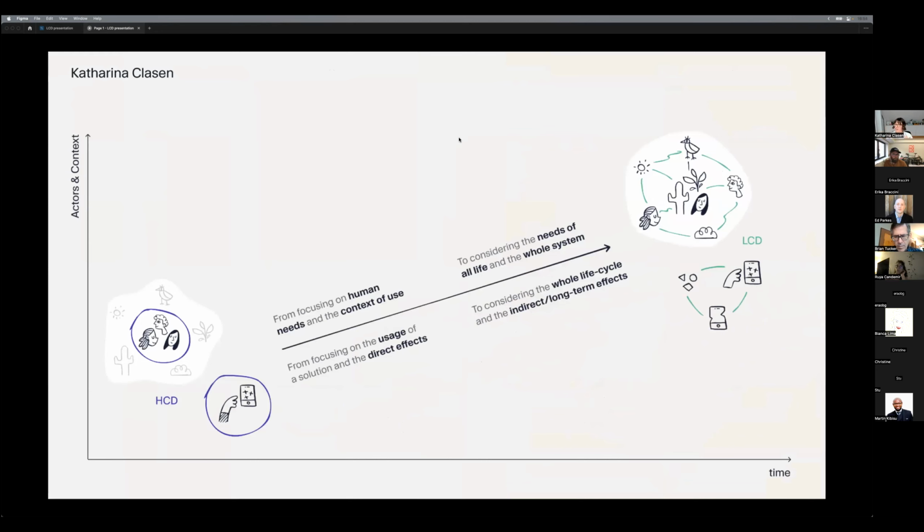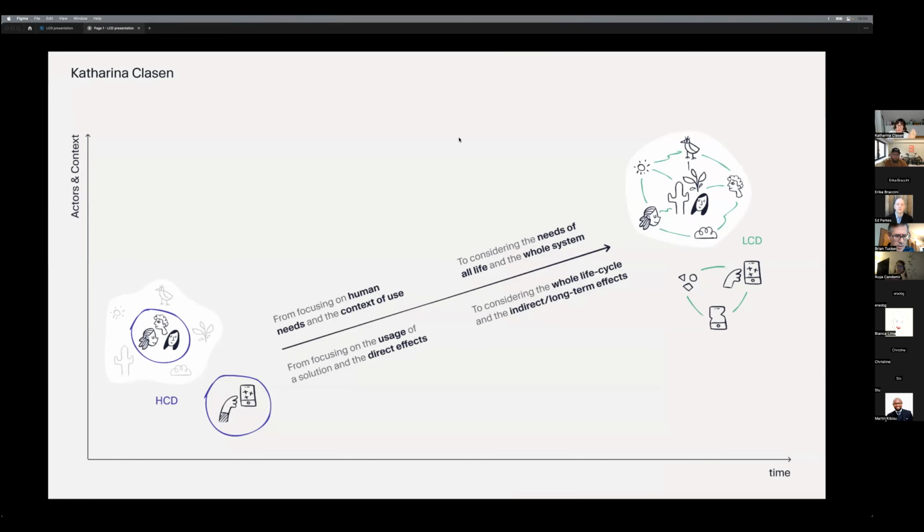And that's how I would summarize the transition I'd like to see. I think it's a cool summary, to be honest. I think we need to expand in 2 dimensions. One dimension I see is the dimension of the actors and context that we consider, and the other dimension is the time.